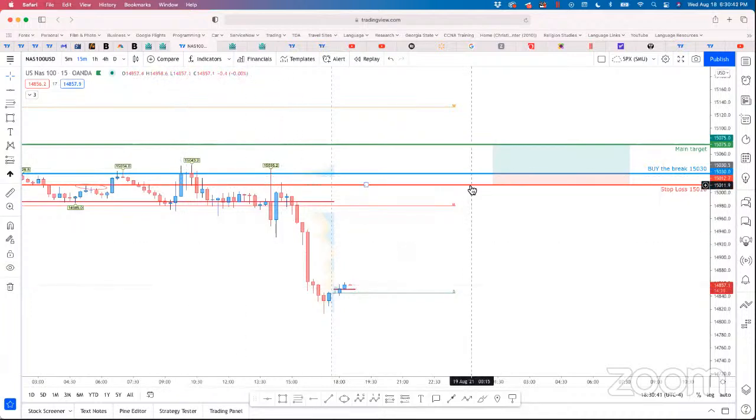It hit your stop loss. You gave it some time. It couldn't hold the monthly. It dropped and closed below the monthly. Guess what? We are not going to be coming back to this price for quite some time. And now, if you have a large account, you just took a big loss.